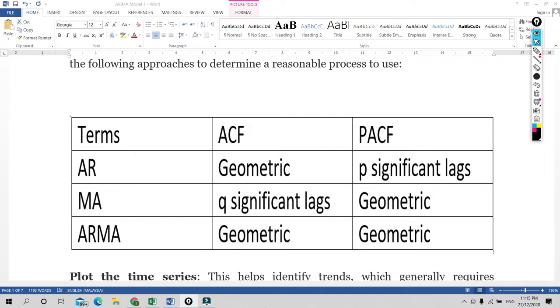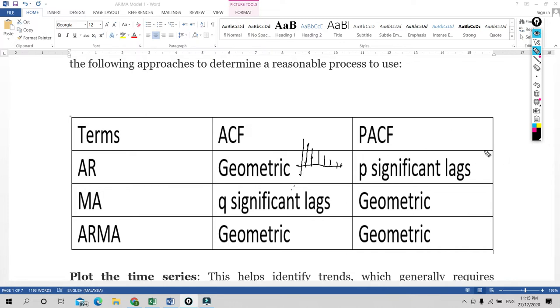So for example, for case number 1 here, let's say your graph for PACF is like this. The ACF is a geometric series, it tails off.